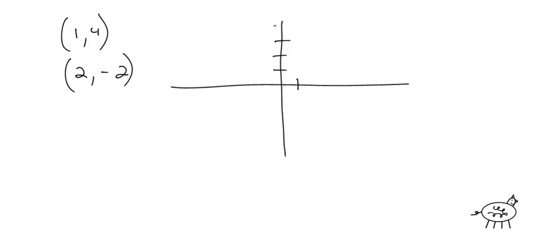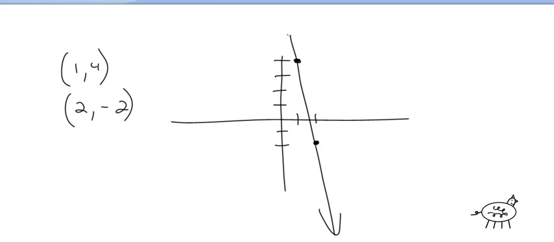Okay, so let's graph it real quickly. 1 comma 4 and 2 comma negative 2. All right, well, that's an interesting graph here. Okay, and well, let's figure it out here.